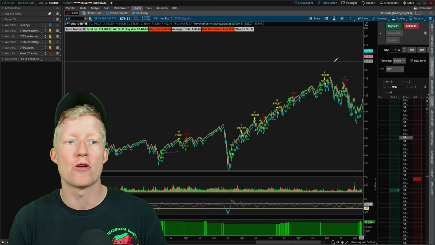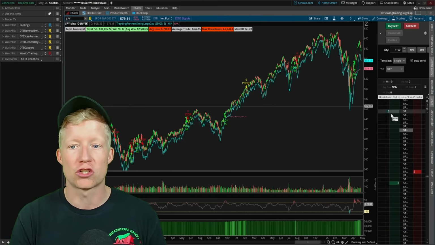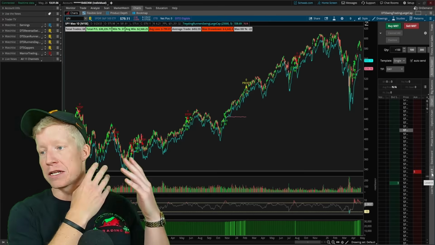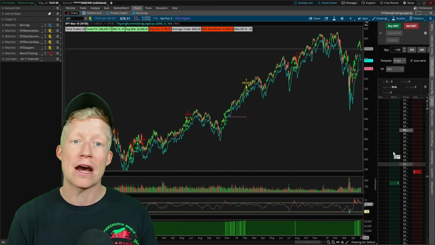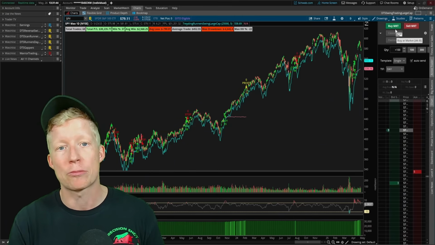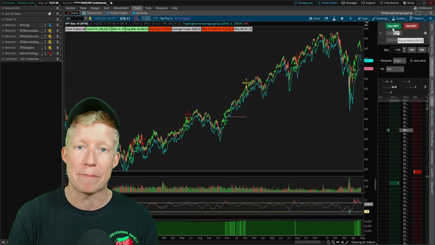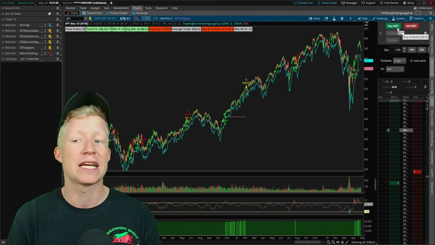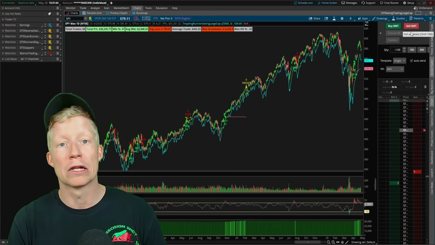The first one we will hop over into is the large cap runners swing trading strategy, and obviously the associated workspace for it. The first thing I want to point out, just like the first thing we pointed out on the day trading, is back up here in the top right. You will notice now my buy and sell buttons have changed from buy the bid and sell the ask to now it is just simply buy market and sell market.